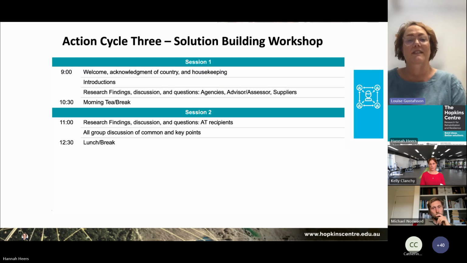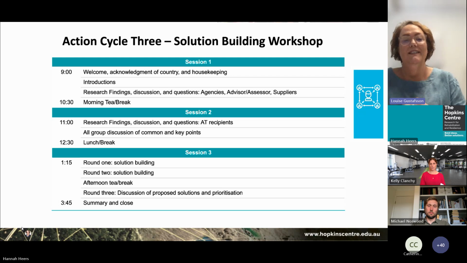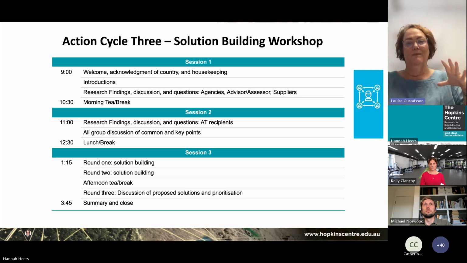In the afternoon session, those 4 groups were given the task of working within their group in round 1 to start to generate solutions. What do they think is needed to address some of the issues, all the issues that we identified? We then, out of the 4 groups, brought 2 groups together to form 1 group.